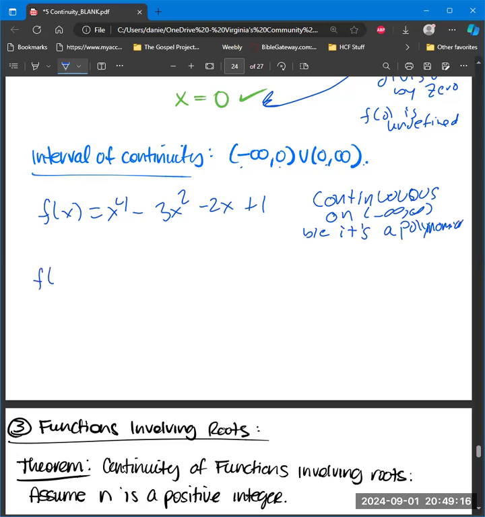And f of x is equal to x squared plus 2x plus 7 over x minus 1 is going to be continuous on its domain, which is -infinity to 1 union 1 to infinity.